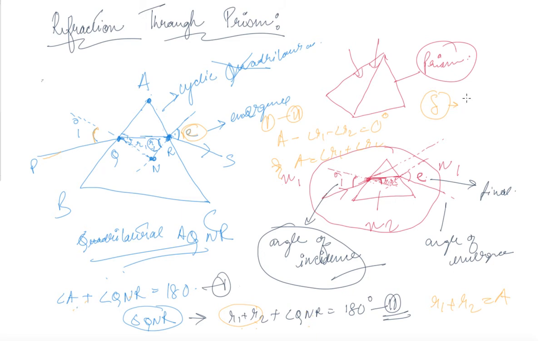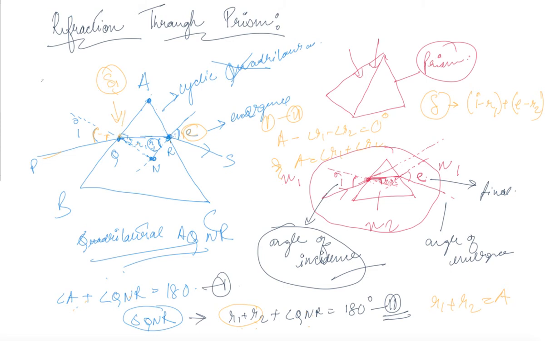So deviation on your first surface, D1, is incident minus the refracted angle, I minus R1.